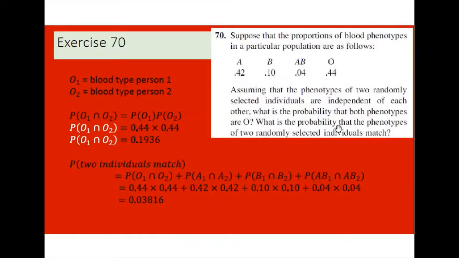Now, what is the probability that the phenotypes of two randomly selected individuals match? It means they have the same phenotypes.